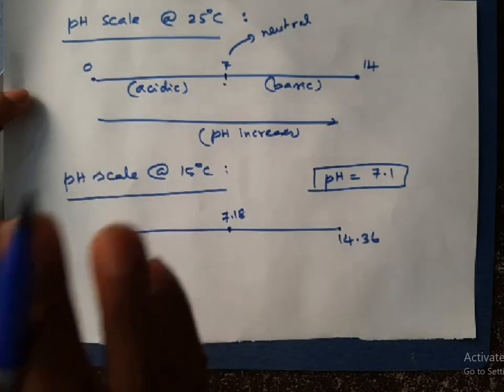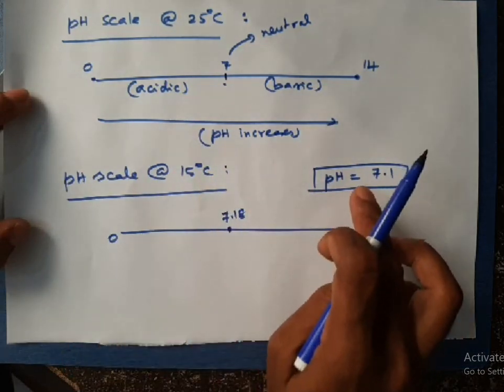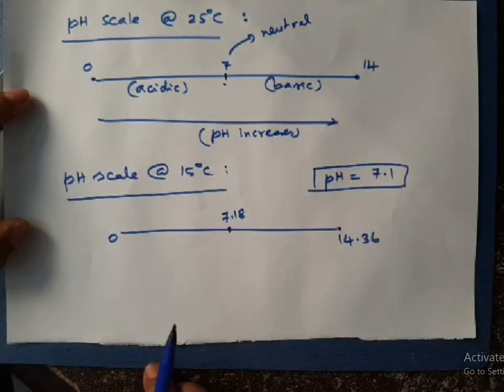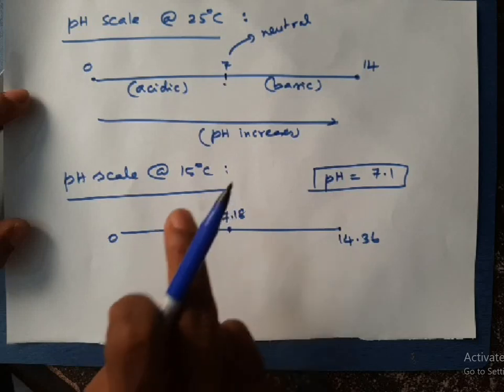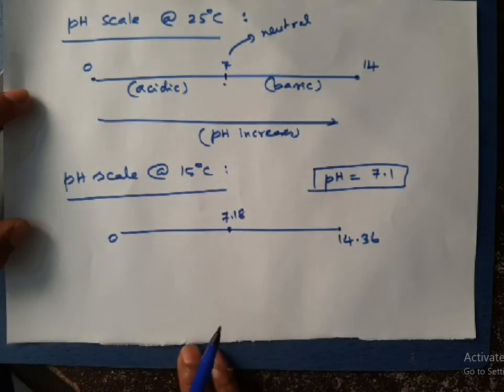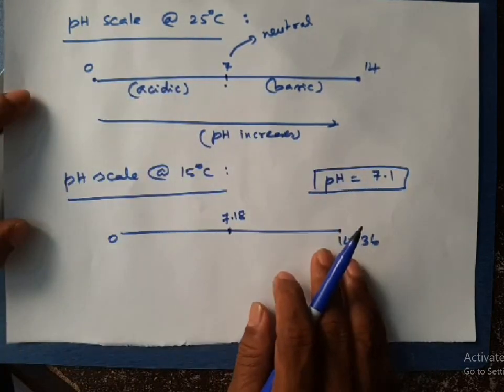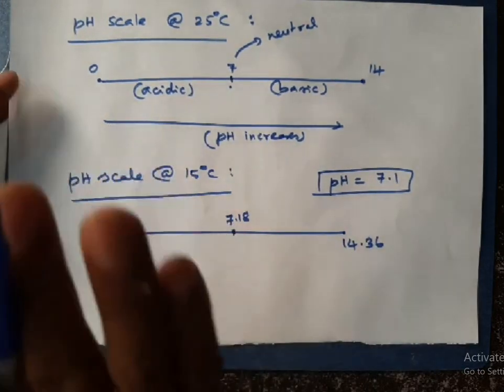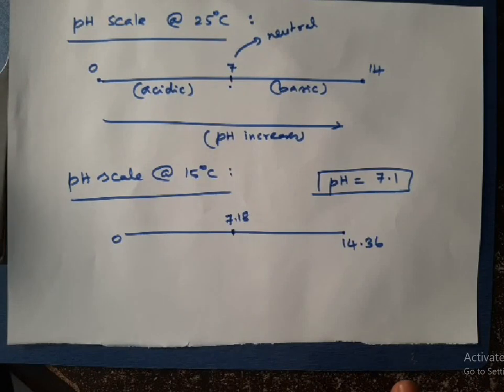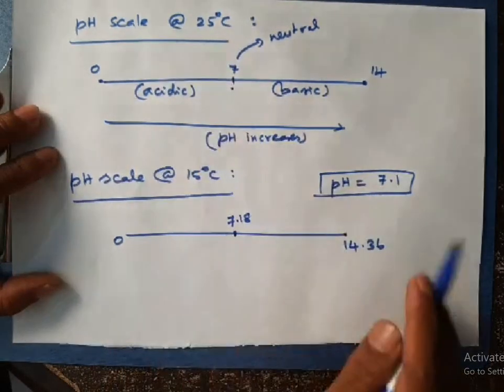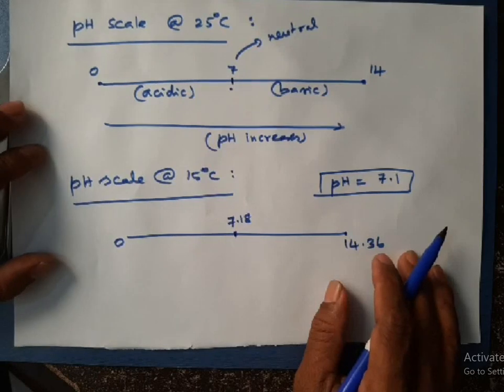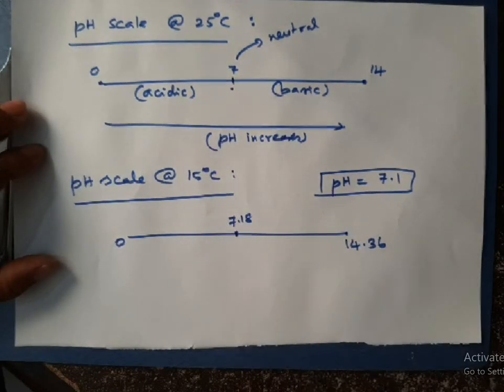Therefore, you should be a little careful while calculating the value of pH, and you should note the temperature. But nowadays, in most calculations we assume temperature as 25 degrees Celsius. For other temperatures, they'll mention the temperature. But if temperature is not mentioned, you can assume that the temperature of the solution is 25 degrees Celsius. Keep this in mind.